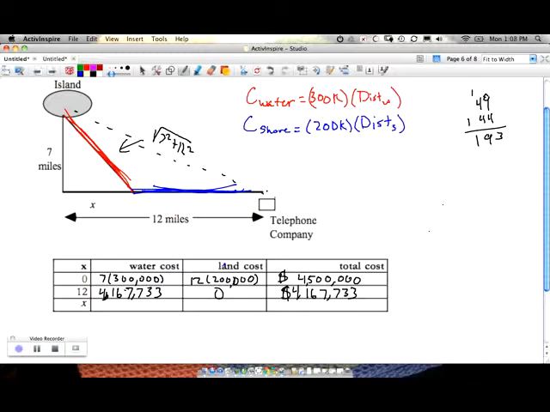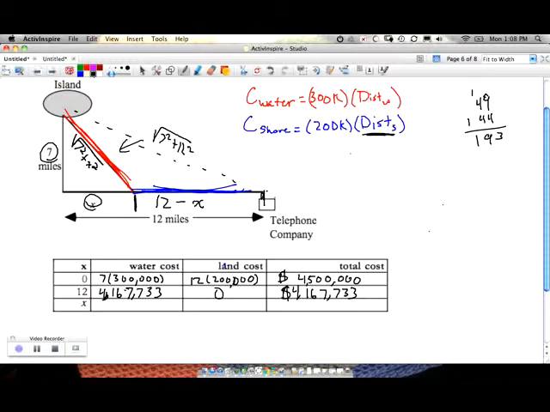Okay, so if this is x, then that means this shoreline distance, which is right here, is going to be 12 minus x. And similarly, this distance under the water is going to be the square root of these two pieces, the 7 and the x squared. So 7 squared plus x squared. Okay. So we got those two pieces. Let's start actually calculating these.